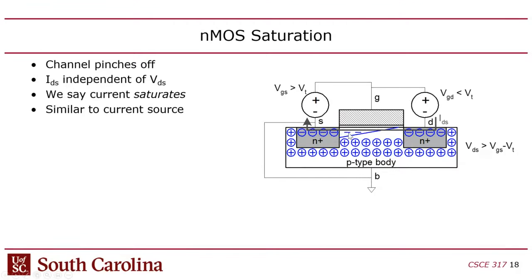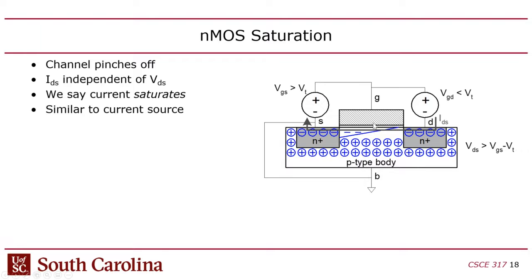inversion region under that side, under that half. The problem is on the other half over here by the drain, which is at a higher voltage relative to the gate, and so it pinches off. If you look at the voltage of the gate relative to the channel across the channel from the drain to the source, that voltage drop is still pretty good over here by the source, but it's very small over by the drain because of the big difference in voltage between the drain and the source.